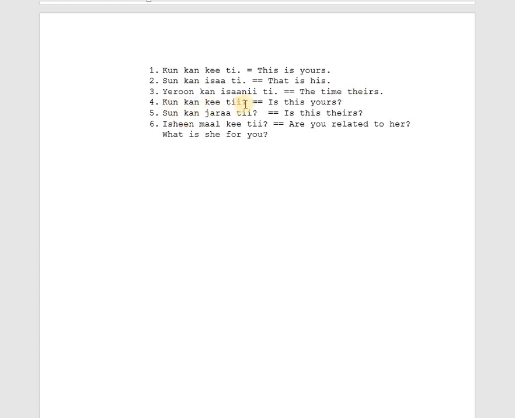Now it's a question. Kun kan keetii, sun kan jaraatii, isheen maal keetii. So these are some of the concluders that we use.